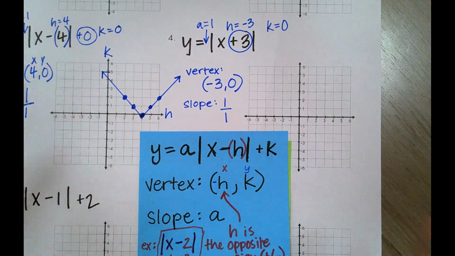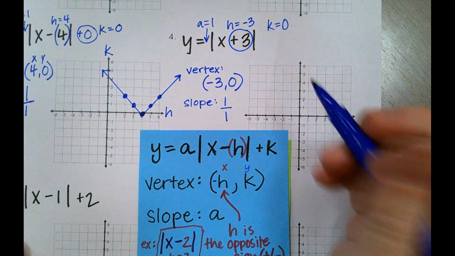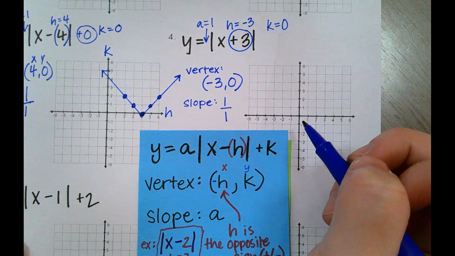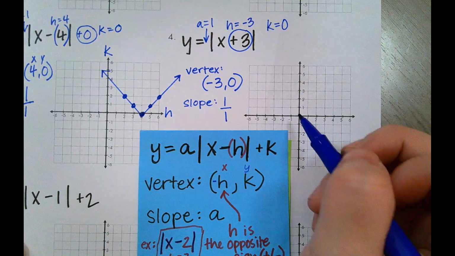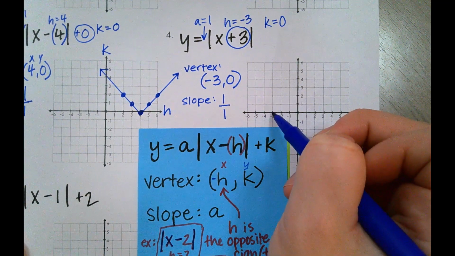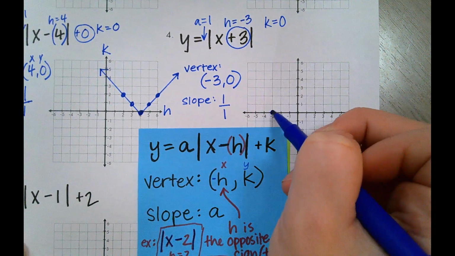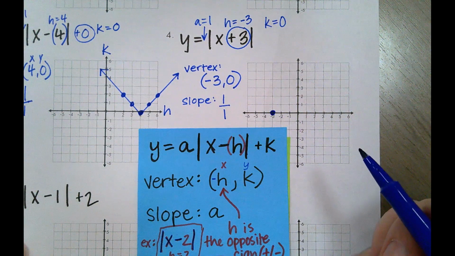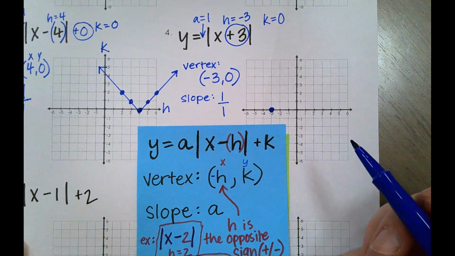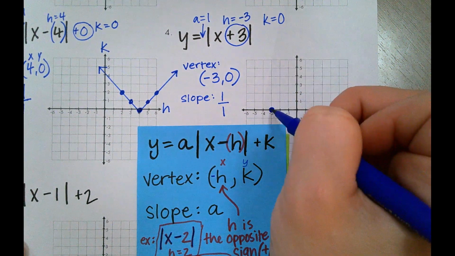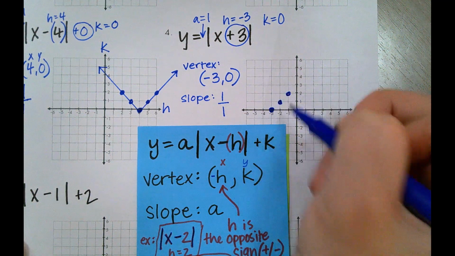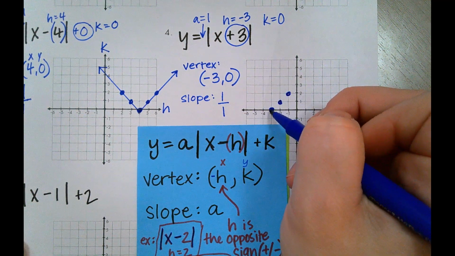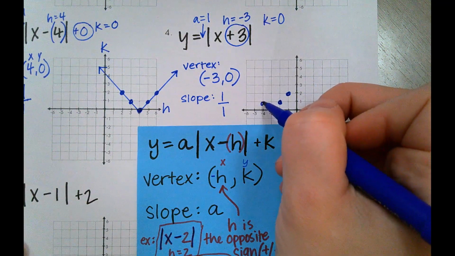Okay, so let's put the vertex on the graph. Starting at -3, to your left. -3 to the left. Perfect. And stay there. That's my vertex. Where do I go from there? Up 1/1. Good. Go back to my vertex. Up 1/1 to the left.